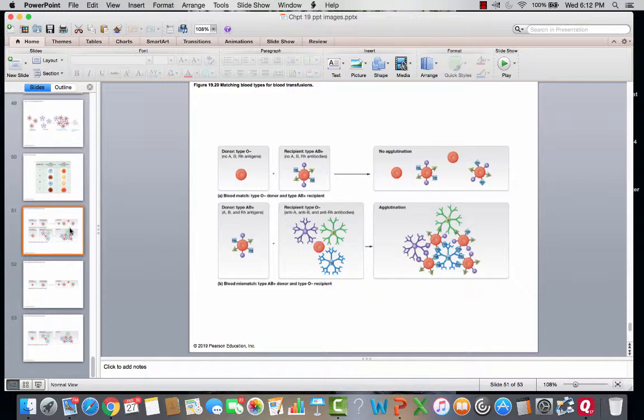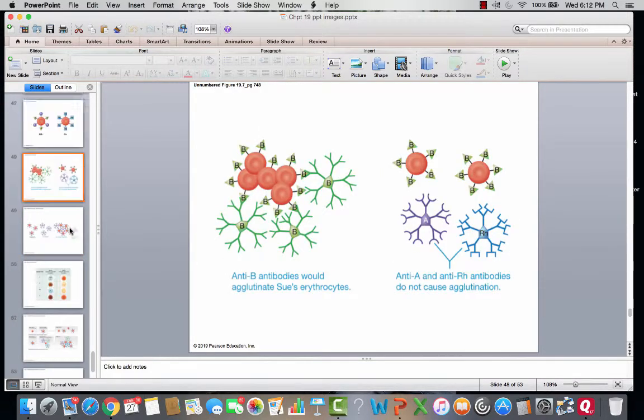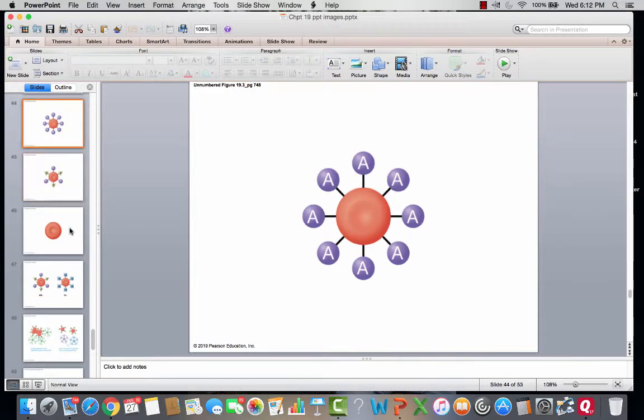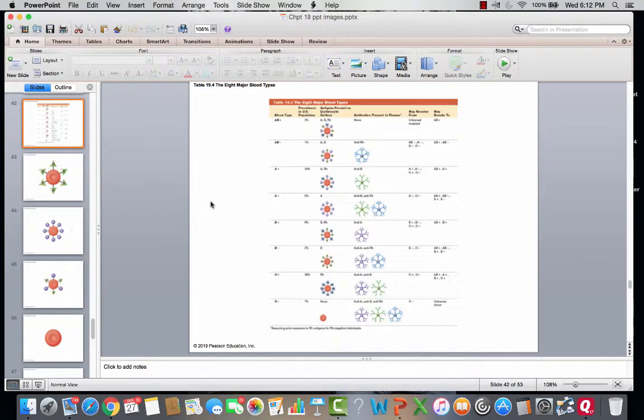So in this chart, back to the chart, we can see on this side, may receive and may donate to. Look that over, understand why.